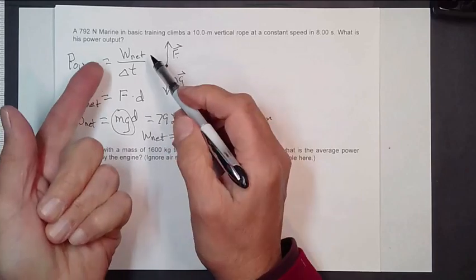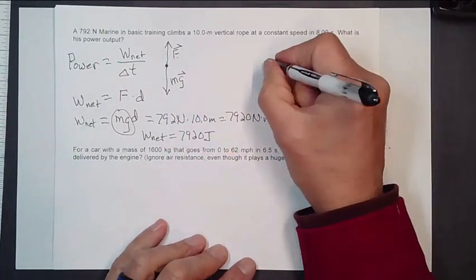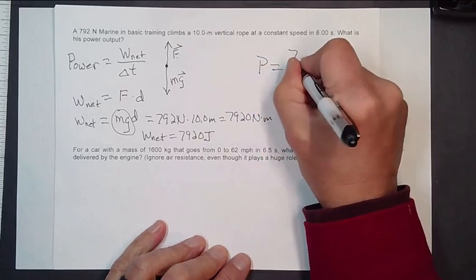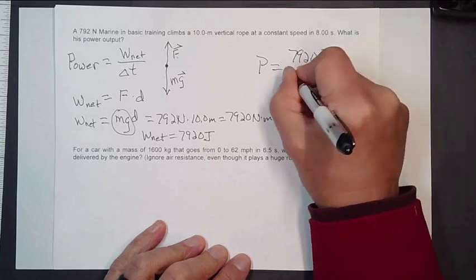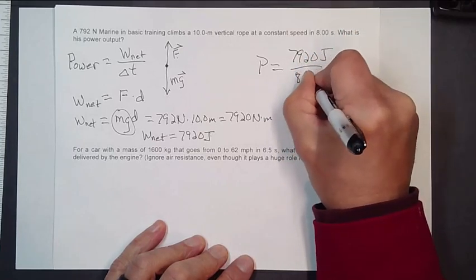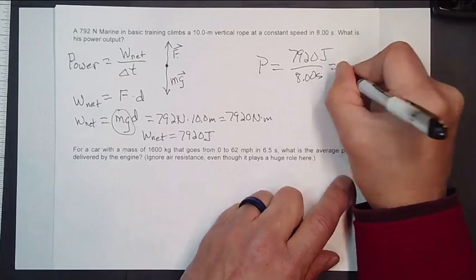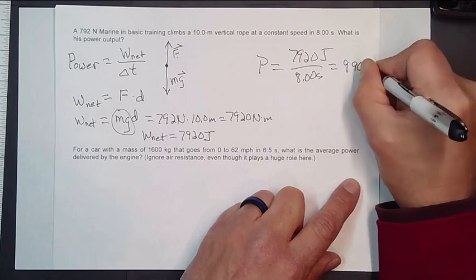Okay. But what's the power output? Well, the power is that net work divided by the time it took to do it. So the power in this case, 7,920 joules over 8.00 seconds, and I get about 990.